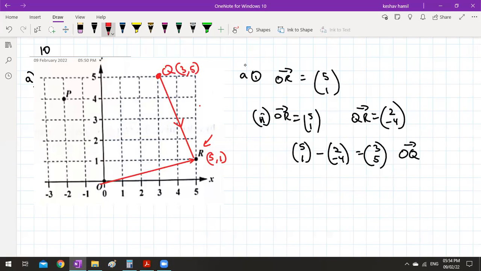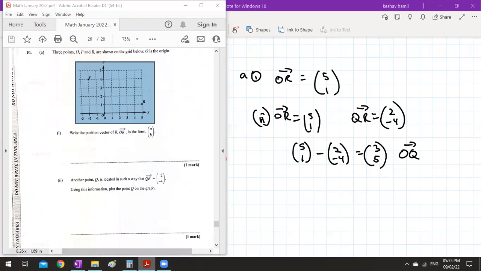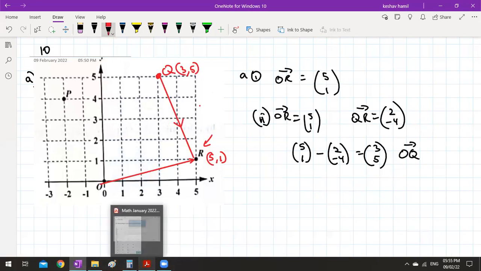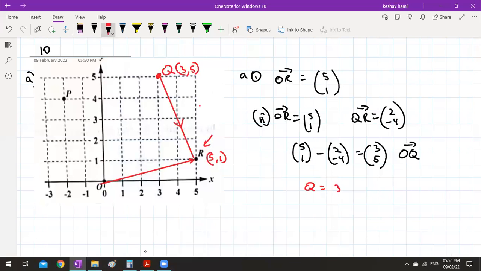We move 2 on the X, and negative 4 means that we move down on the Y. 1, 2, 3, 4. So yes, we are correct, right? They want to plot the point on the graph, which we just did. So Q, in this case, is 3, 5.